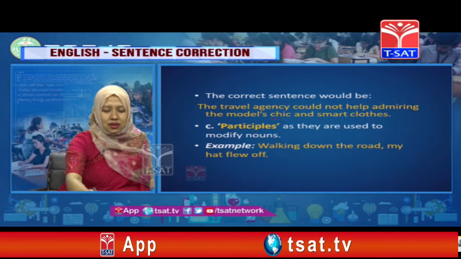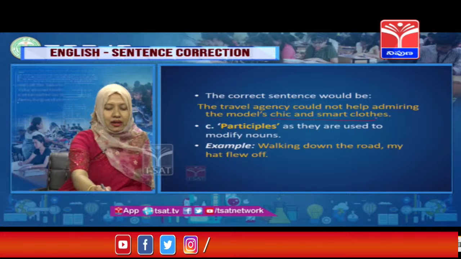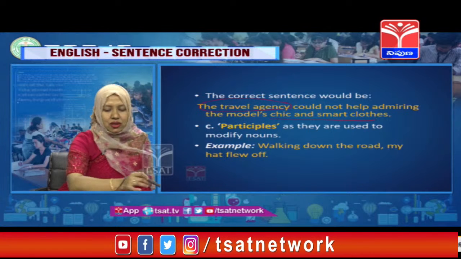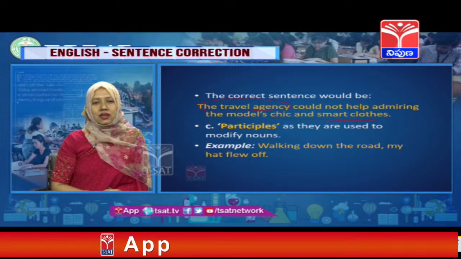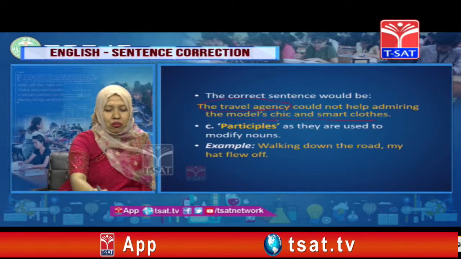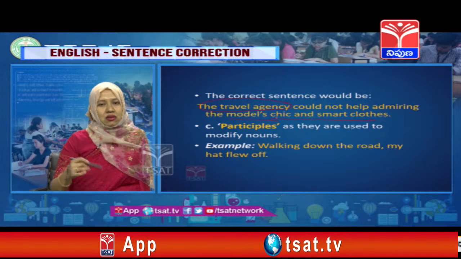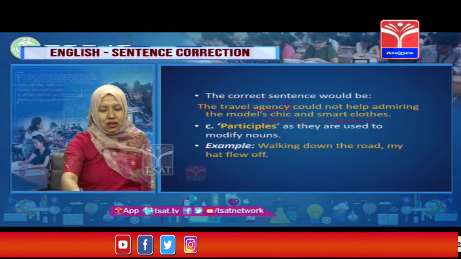So here the chic and smart clothes should come a little later. If you start the sentence with the subject: the travel agency could not help admiring model's chic and smart clothes. So here, we are talking about chic and smart clothes.